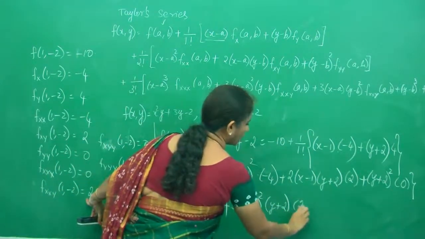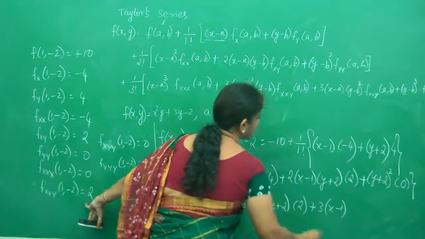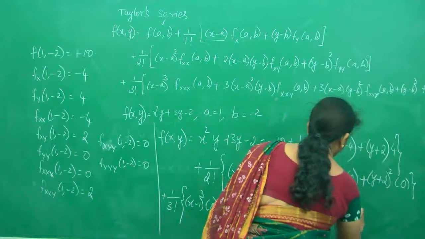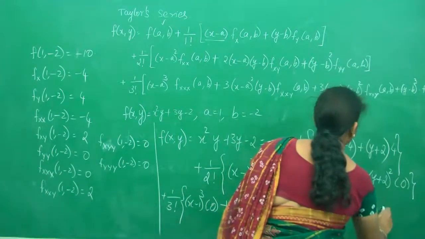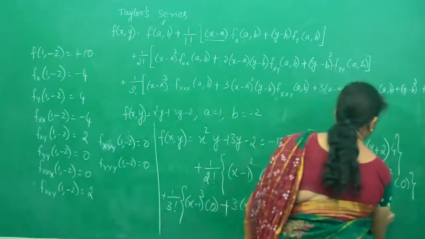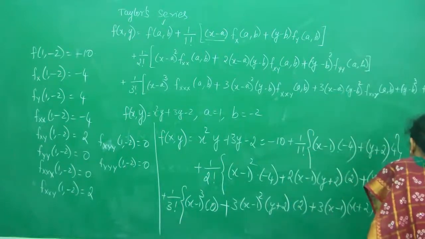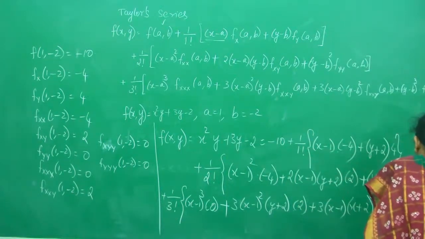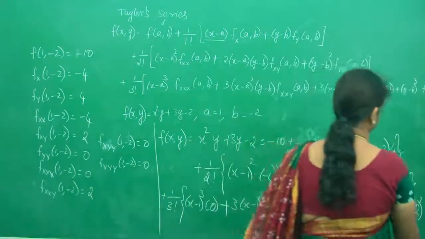That's why you should follow the order. You will not make a mistake. 3 into x minus 1 into y plus 2 the whole square into fxyy, which is 0, plus y minus b the whole square, which is y plus 2 the whole square, into f triple y, which is 0.